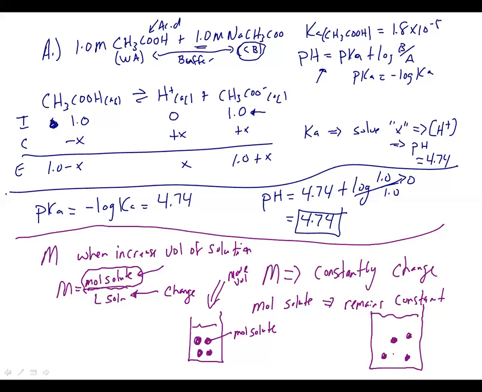And how that relates to buffer problems and titration problems is whenever you're adding volume. So if you take a buffer like we're going to do in part B and you add volume, some acid or base to it, or if you do a titration, in which you're constantly adding volume, you should always do an ice table in moles.